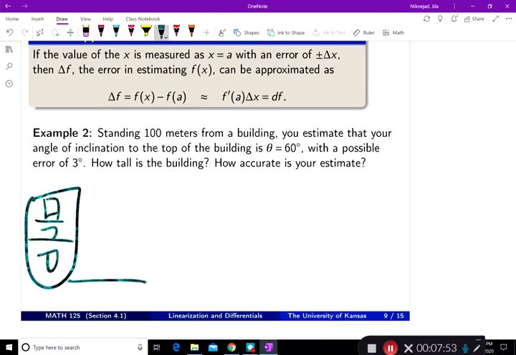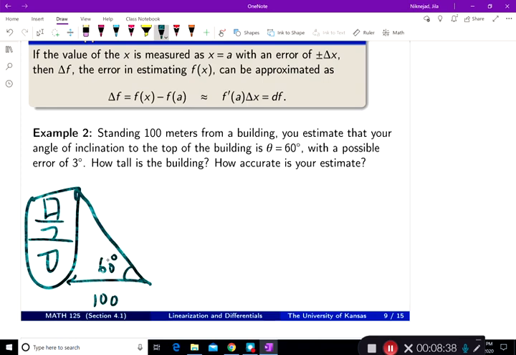You're looking up, and let's say you're laying down on the floor, or your height is negligible, one of the two, and this is 100 meters, and the angle that you see the building is 60 degrees, right? How can I measure the height of the building? That's the first thing. How tall is the building? How accurate is your approximation if your measurement of angle is within 3 degrees error?